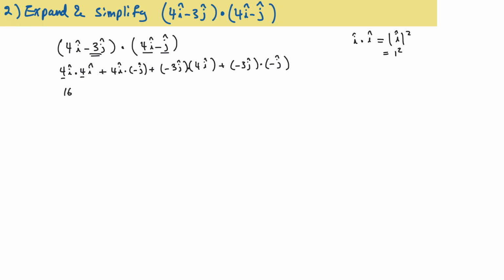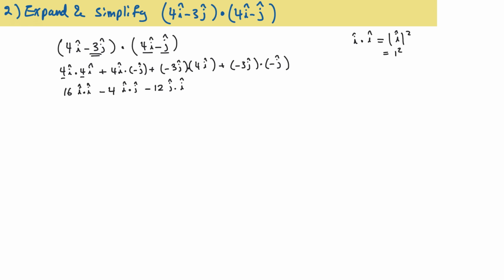So I'll do it in 2 steps here. So I'll write it like this first, plus then I got 4 times -1, so that's going to be -4. And I have i dot j, and then I have plus, I have -3 times 4, so that's going to be minus 12 j dot i.